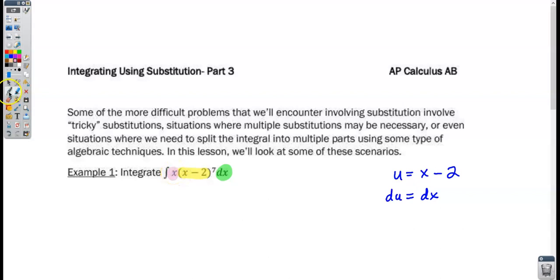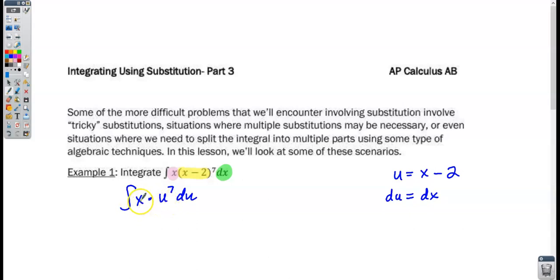Realistically, if I use these two pieces to make the substitution, this becomes the integral of x times u to the 7th du. Of course, in order for me to integrate this with respect to u, I need everything in my integrand to be in terms of the same variable.